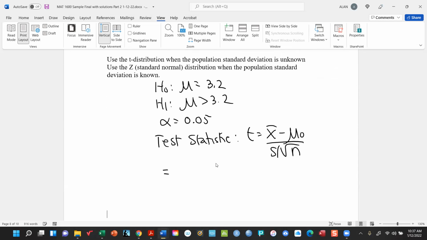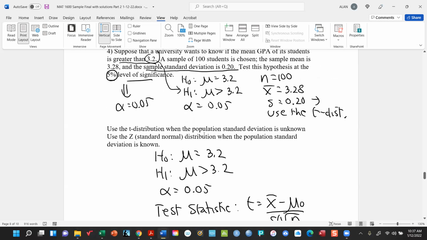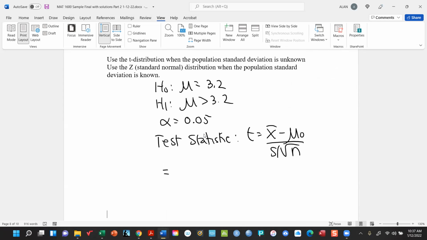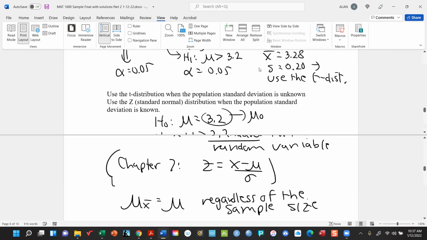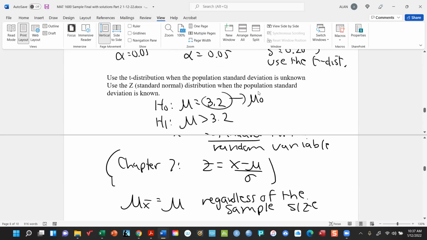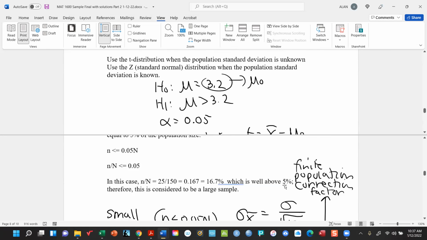So this equals 3.28 minus the hypothesized value. This is mu0. What we think it is. This is our assumption. Until we see evidence that suggests otherwise, that's what we're going to assume.